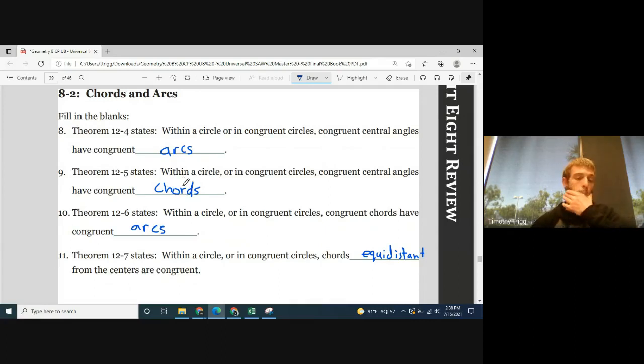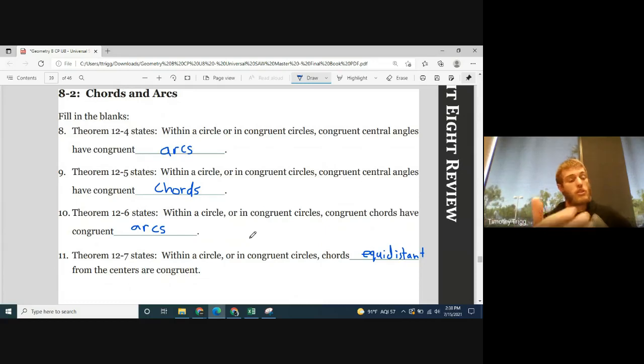So when you're on the test, it'll say theorem 12-4 and theorem 12-5. Just remember the 12-4 one is going to be arcs. 12-5 one is going to be chords. You just got to memorize that, okay? Also, look at this. Within a circle or congruent circles, congruent chords have congruent arcs.